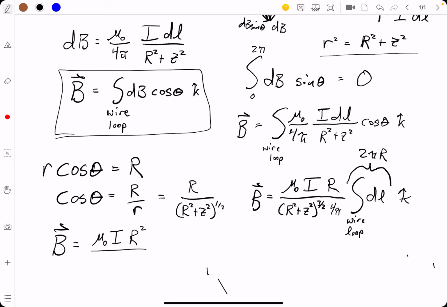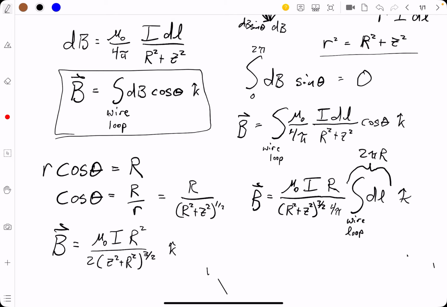We're going to cancel out our pi. Pi on top. And so we'll be left with 2 z squared plus r squared to the 3/2 in the k hat direction.